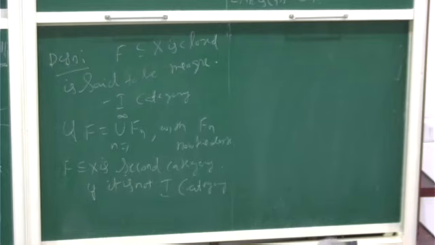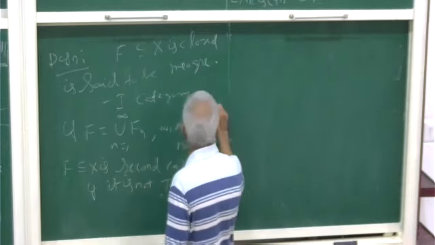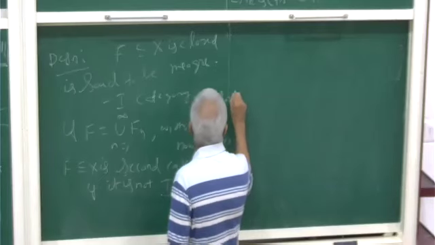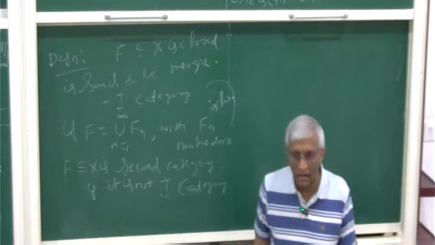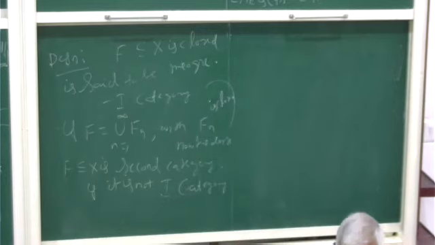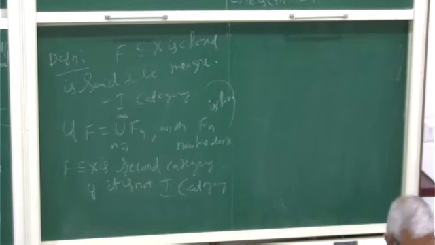That's dense in R. Where Fn is also closed. Okay, Fn is closed, I'm sorry. That's what I'm saying, that's why I use closed. Rationals can be written as a union of nowhere dense subsets, but that is not something of consideration here.